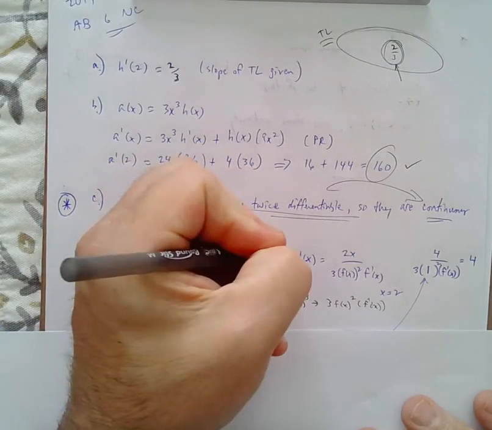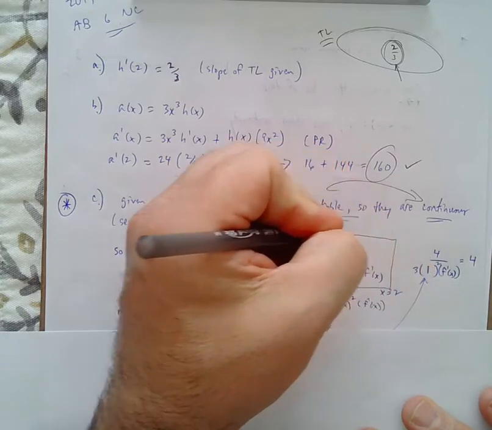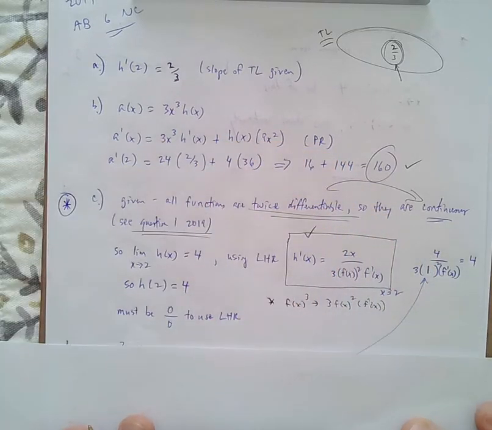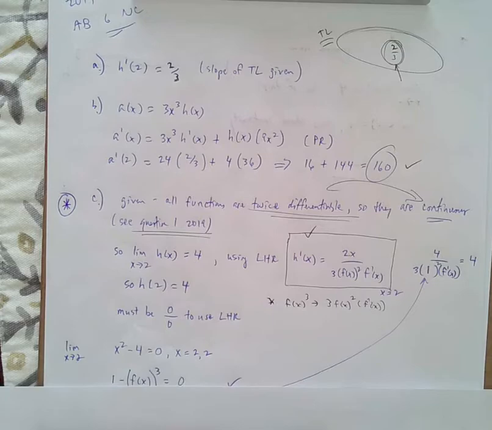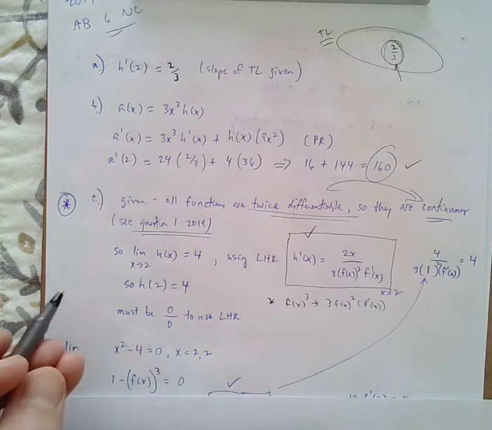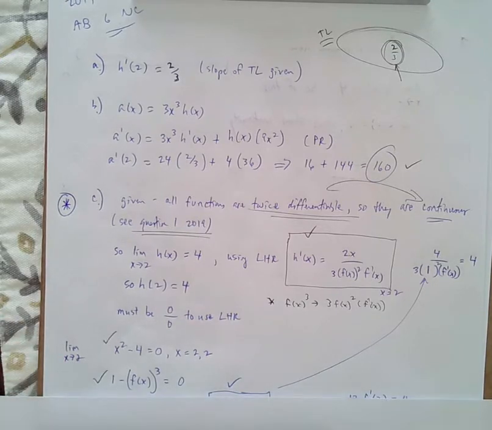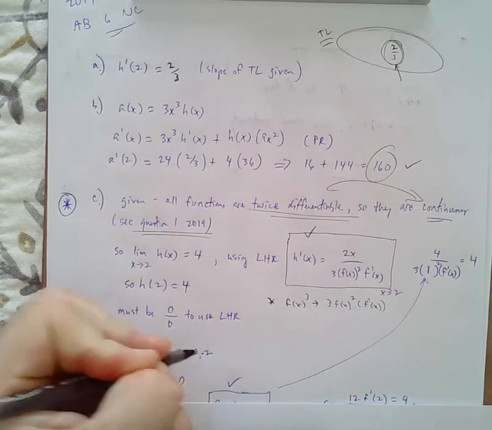But this is the derivative of h of x, so keep that in mind. Now, you know that you have to set both the numerator and denominator equal to 0 in order to get 0 over 0.